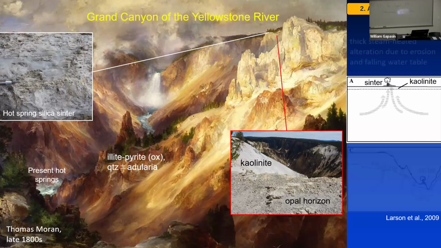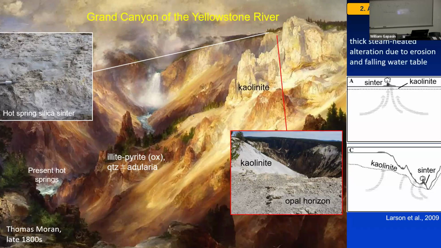Fast forward, and after glacial retreat, the Yellowstone River has cut down almost 300 meters. And as the river has cut down through the system, the groundwater table has followed the river level, and in turn, steam heated alteration has followed.